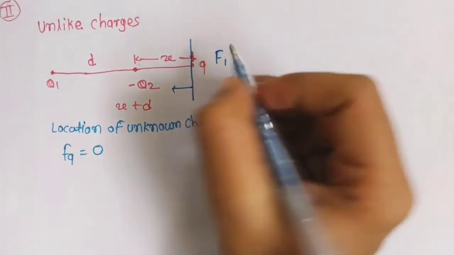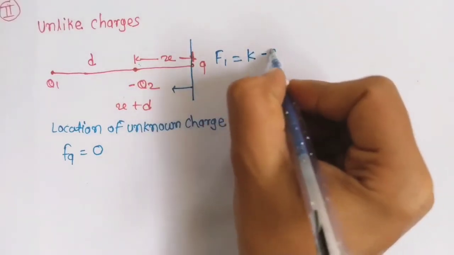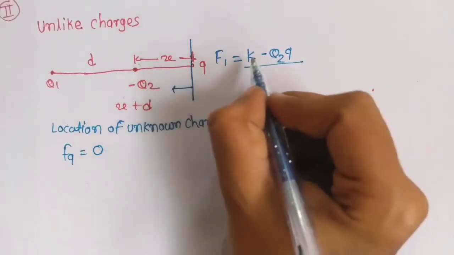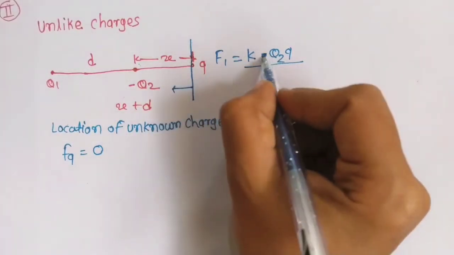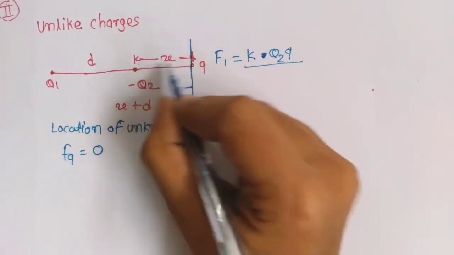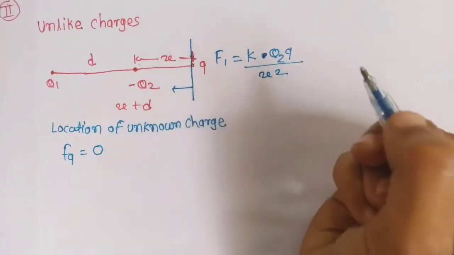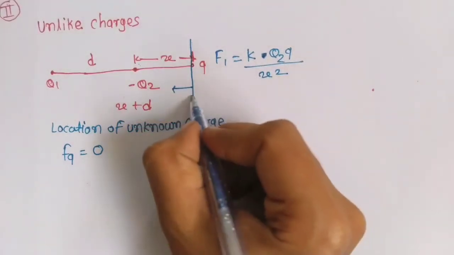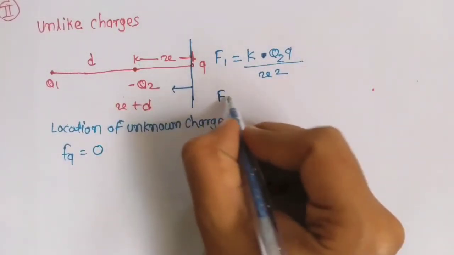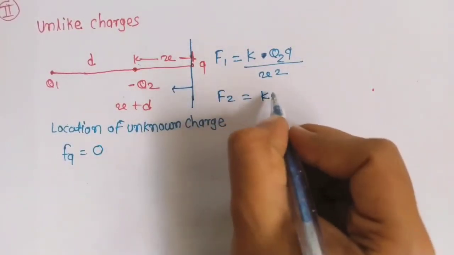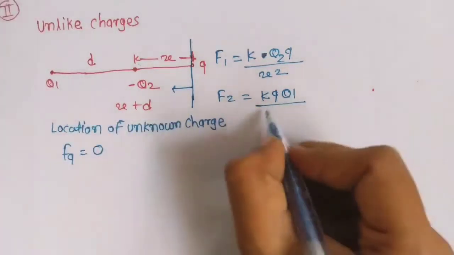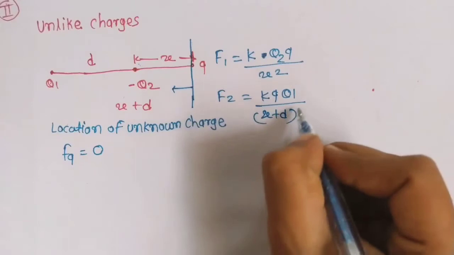So F1 is equal to K, minus Q2 into Q, where we do not consider the sign, only K Q2 Q upon the distance square, where the distance between them is x square. Similarly, the force on the charge Q due to the charge Q1 is F2 is equal to K Q Q1 upon x plus d square.